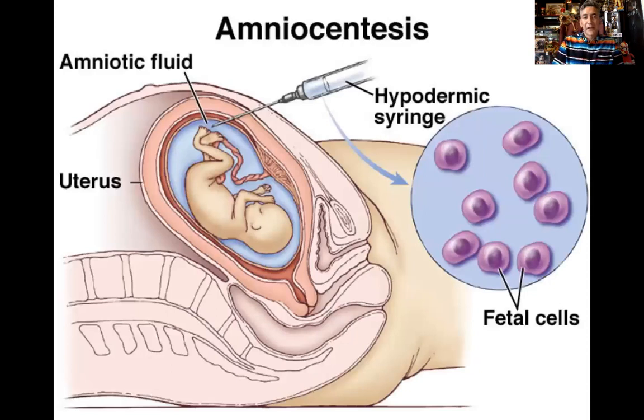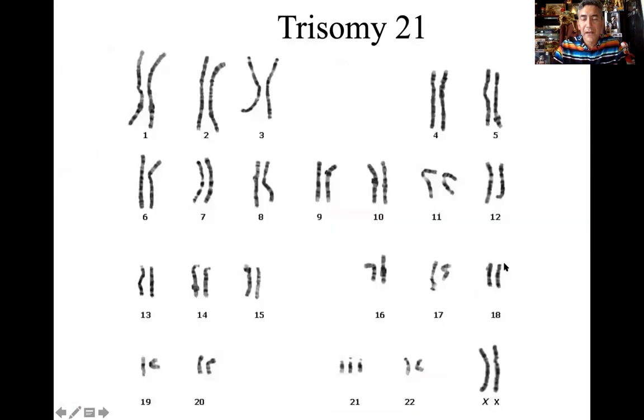Okay, so mom and dad, nervous. Mom's been having some complications. They take her in, they perform amniocentesis. They extract our cells, perform a karyotype, and this is presented to you. So after analyzing this, what would you say is going on here?